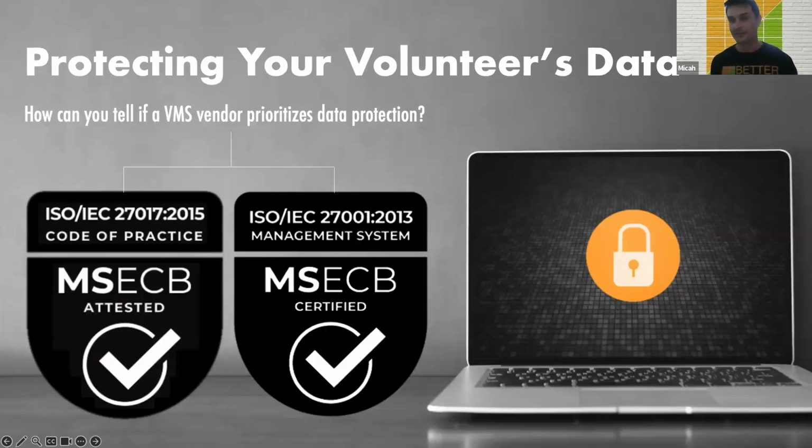Going off of the security topic, how does one tell if a VMS is really prioritizing data protection? I'd say an easy way to tell is looking and seeing if the company themselves are directly ISO certified, and what ISO 27017 and 27001 are. It's the world's best known standard for information security management system practices. Having the certification means that the vendor's respecting all of the best practices and principles enshrined in this standard.